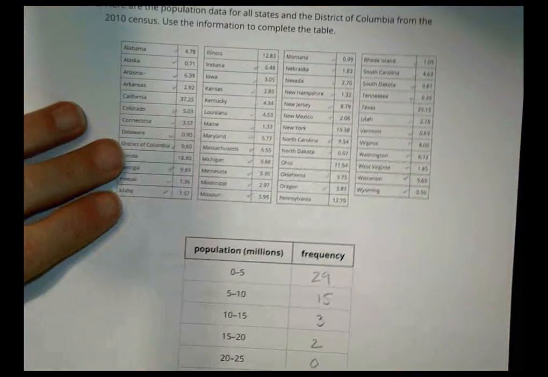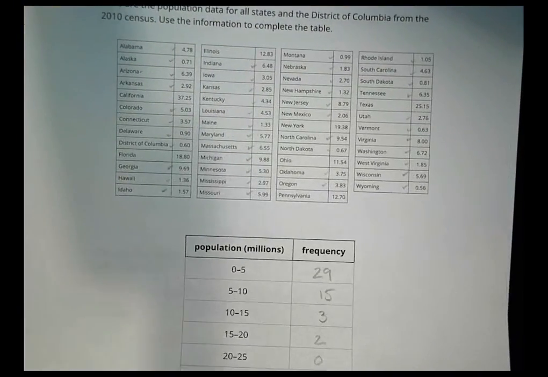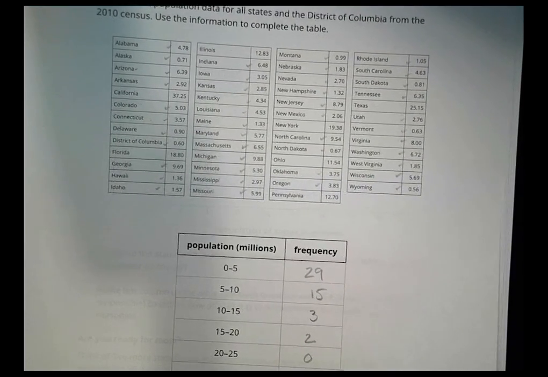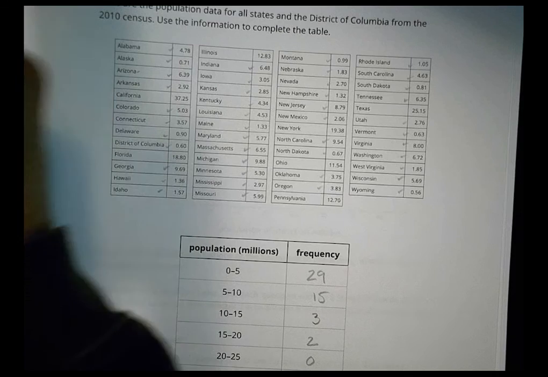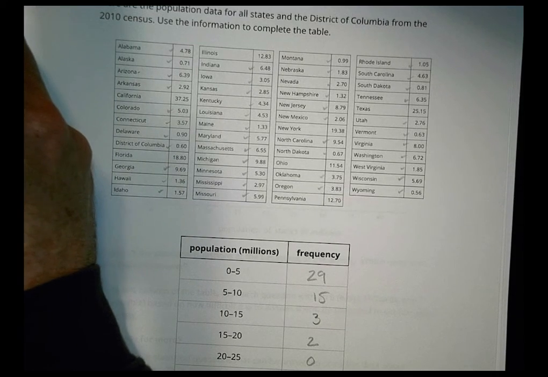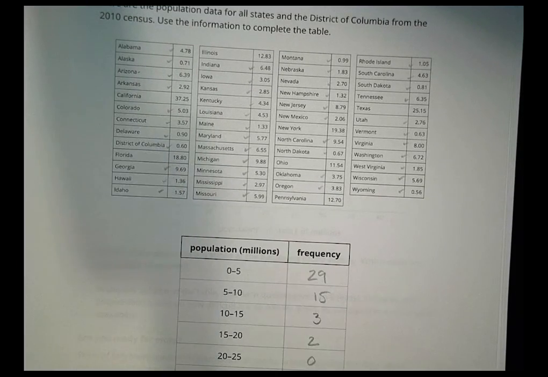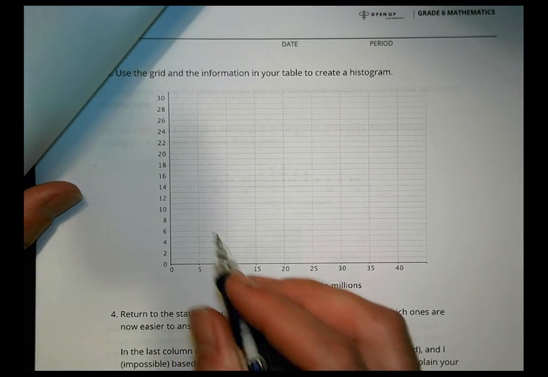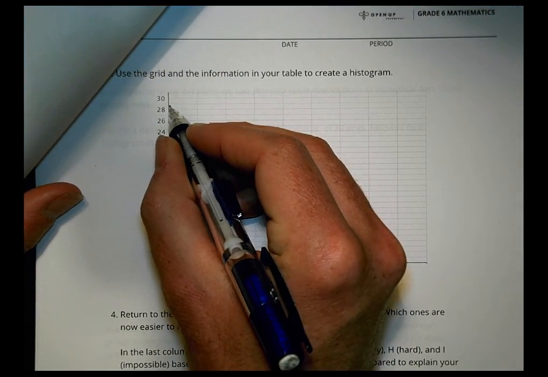So we're going to use these numbers here to make ourselves a nice little histogram of the population. Different than a dot plot, we'll make the histogram. Try to turn my page a little bit here. Between 0 and 5, we go to 29, which is right here at that value.